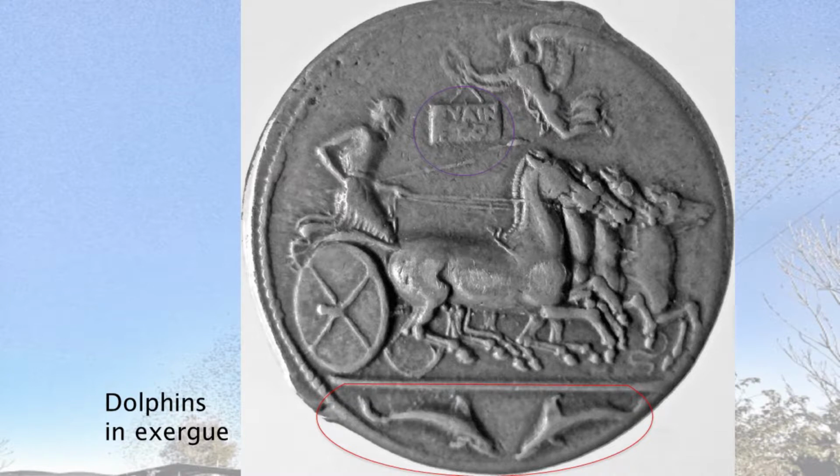The ear of grain and the dolphin have been interpreted as symbols of individual workshops, sort of the logo of the workshop. And with this, we can reconstruct a little bit of the organization of labor.